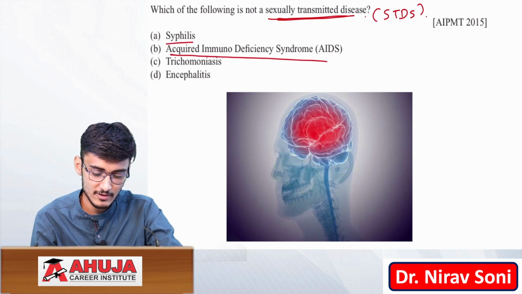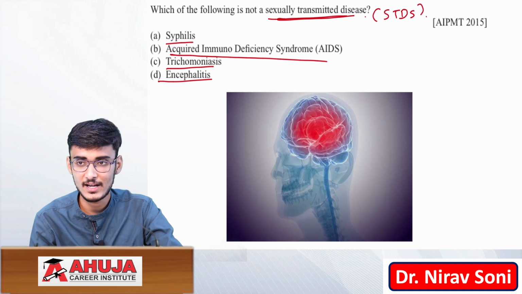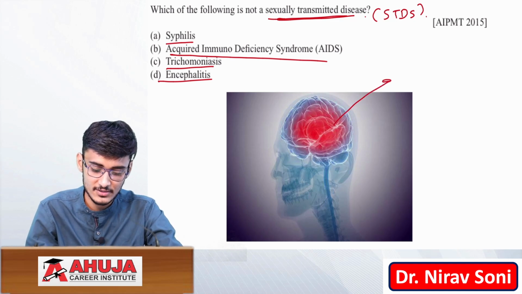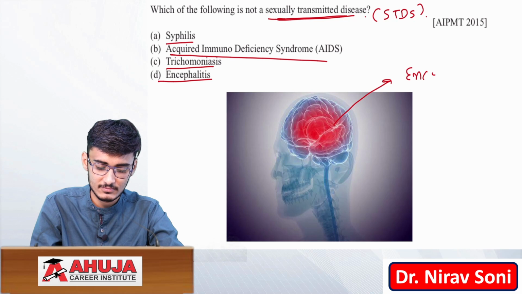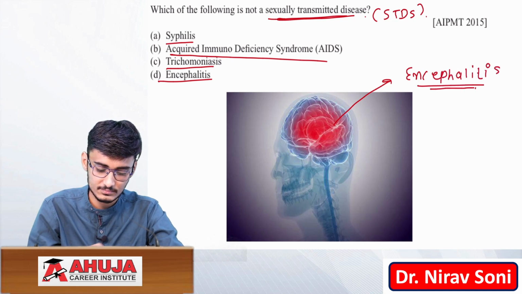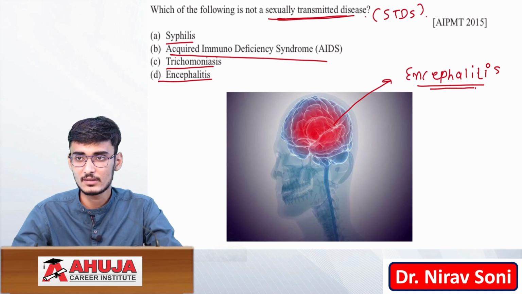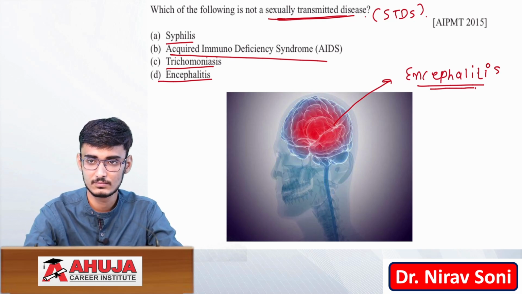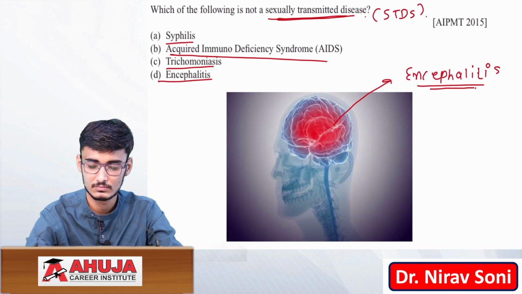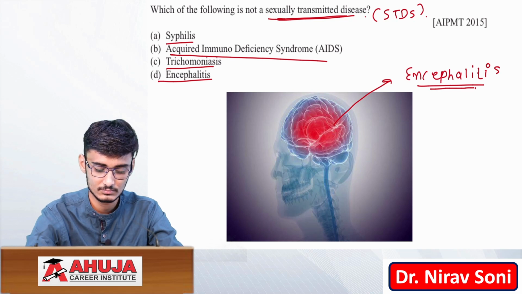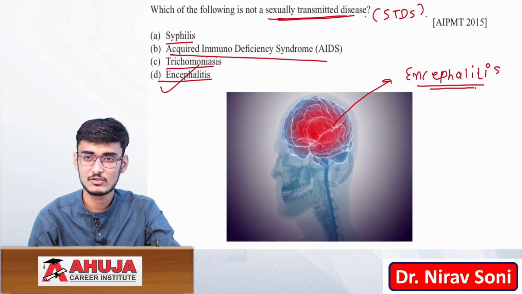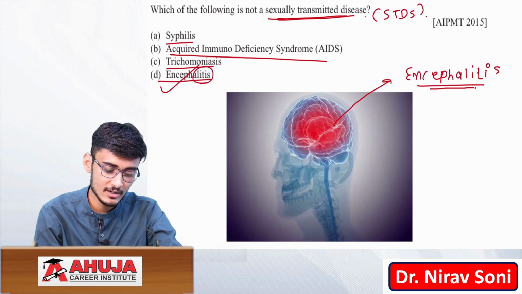Syphilis, acquired immunodeficiency syndrome, trichomoniasis, and encephalitis. You can see the figure. This is called encephalitis. Option D should be right over here. This is not a sexually transmitted disease. This is an inflammatory disorder in the brain.